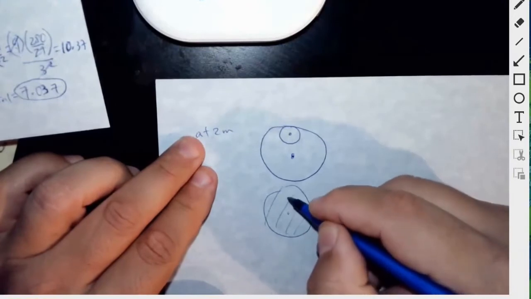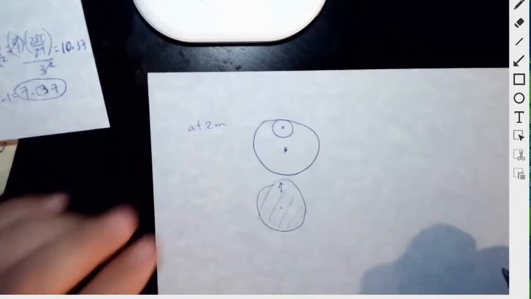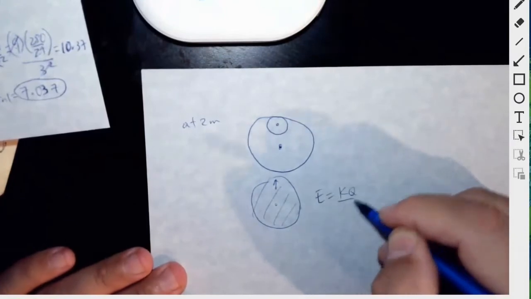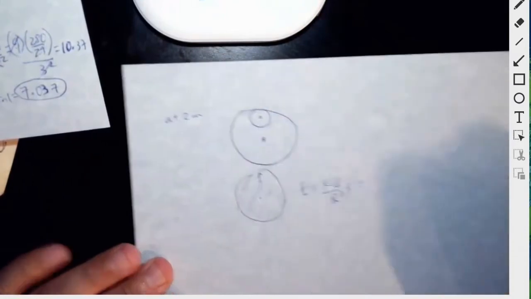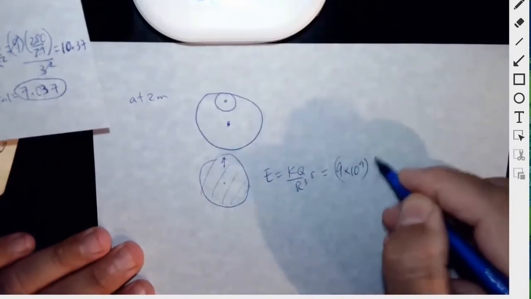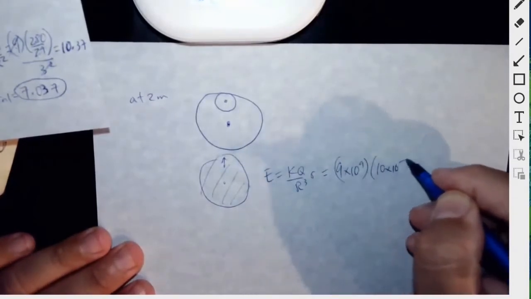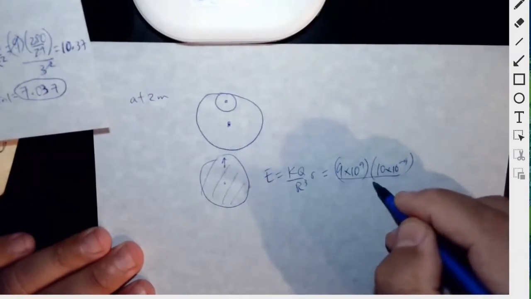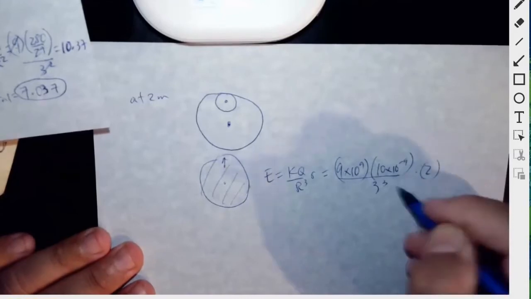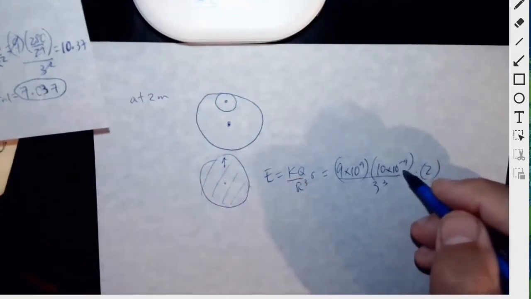What's the electrical field at 2 meters? So what would that be? E is KQ over R cubed times R, right? So 9 times 10 to the 9th, 10 nanocoulombs over 3 cubed times 2 meters, right? Oh, no, we can't use 10 nanocoulombs.